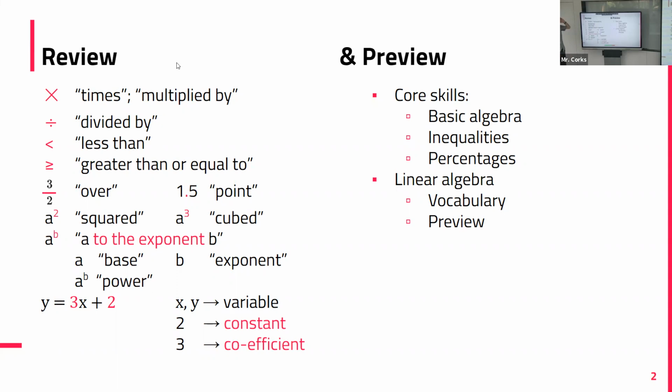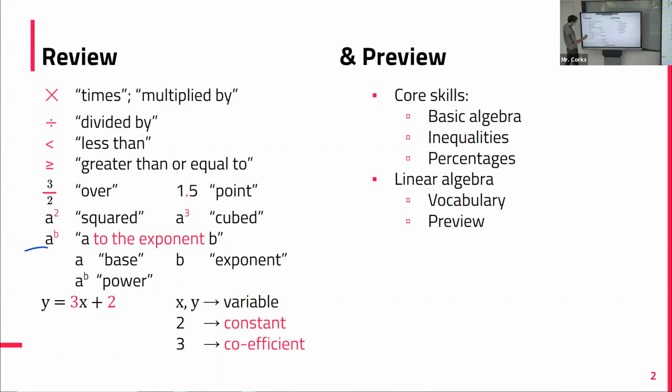These are the various terms that we talked about last time. I think most of these are not too tricky, but maybe some of these exponent ones, not everyone was familiar with those. So the more general form, a to the exponent b.